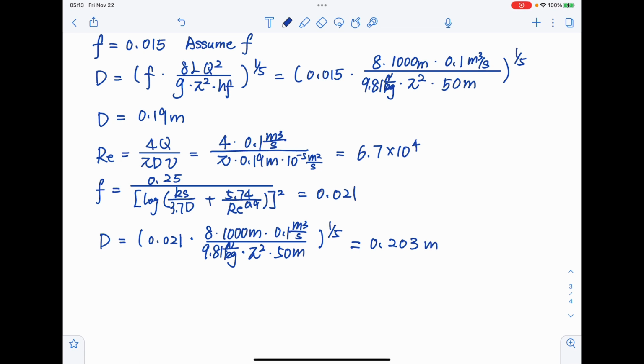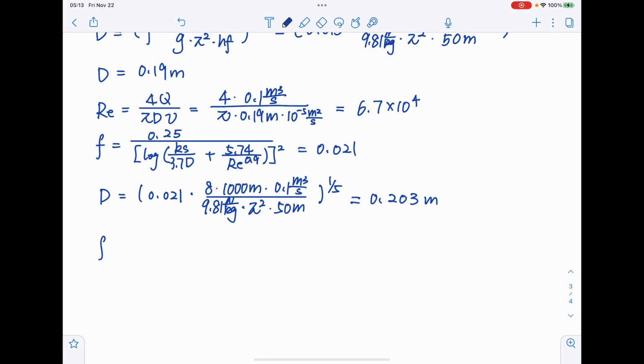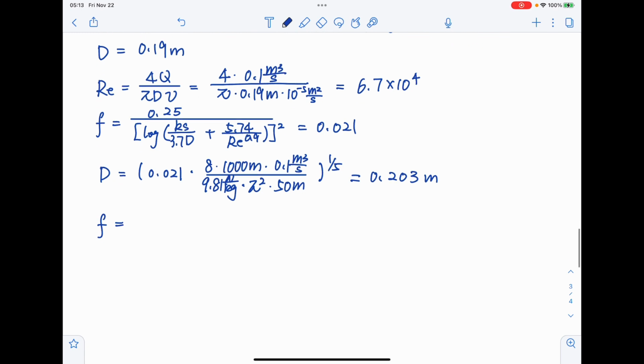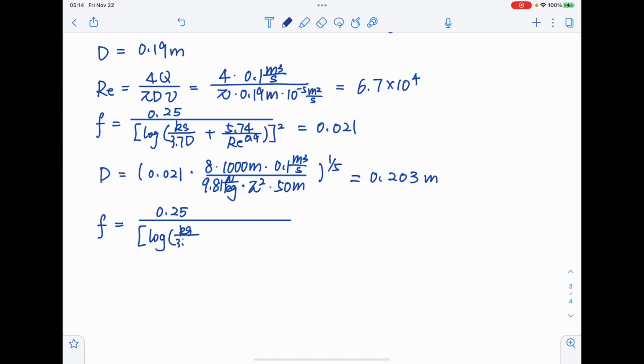Okay. Then we're gonna do the calculation again for friction factor. Ks over 3.7D plus 5.74 over Reynolds number to the power of 0.9, and the entire thing to the power of 2, and this should give us 0.021.